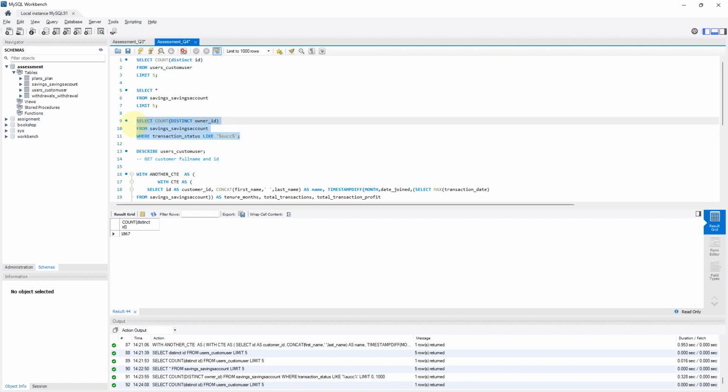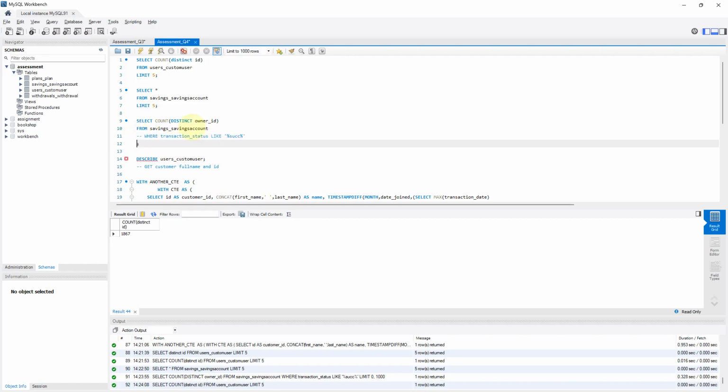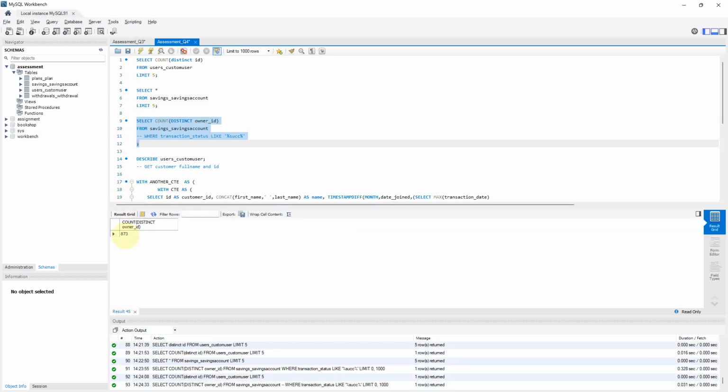This is fine unless you want to consider all transactions, and I would say I'll just put a comment on this, and I'll run this, and let's see what's going to happen. I think I'll get, oh, total, can you imagine? So not everybody even did transactions.